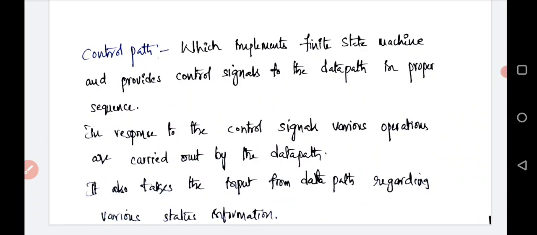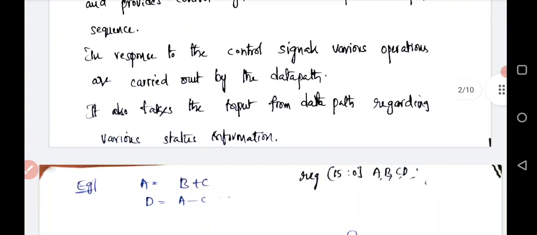The name itself represents control path. This control path controls the operations in the data path with the help of the functional blocks. In response to the control signals, various operations can be carried out by the data path.